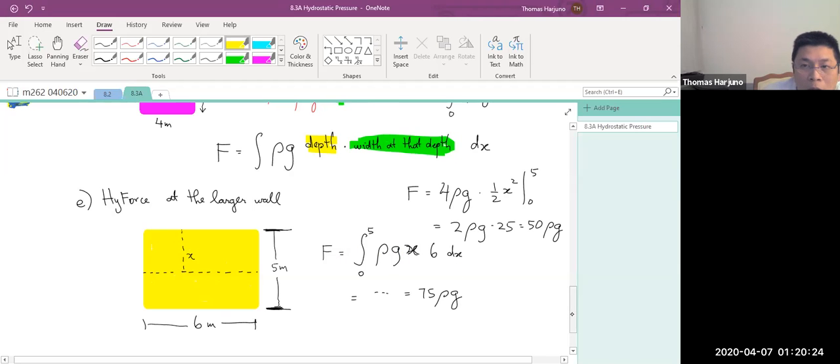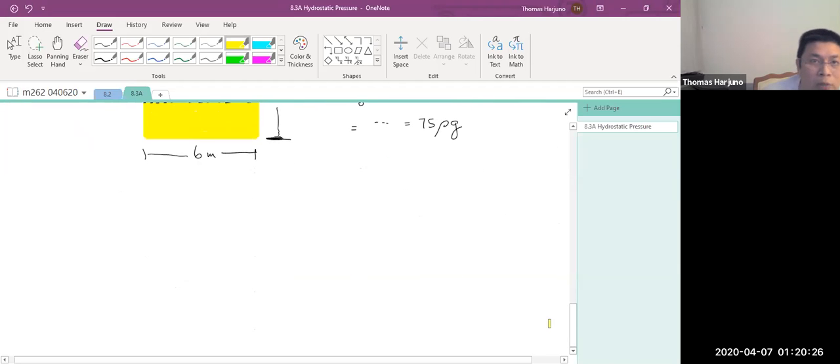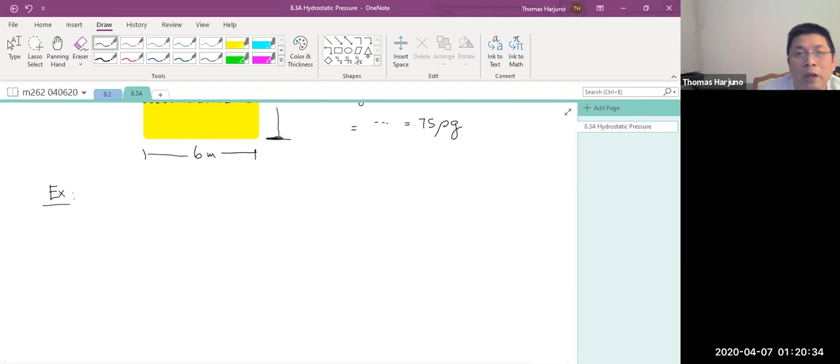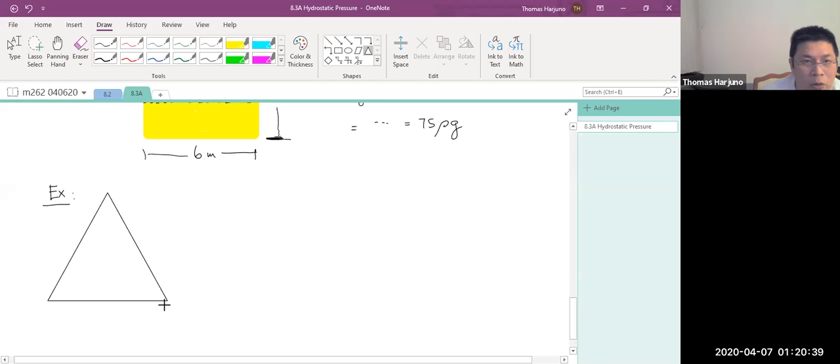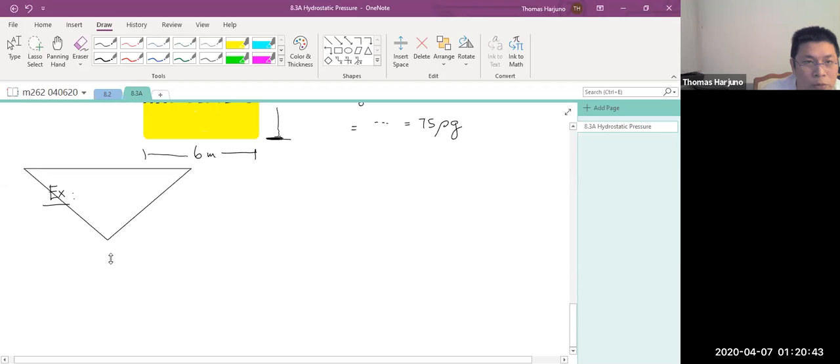Now, our textbook has a good question, which let me modify instead. Let me call this another example. Suppose I have a rectangle. I don't like this one. Let me use this one instead.